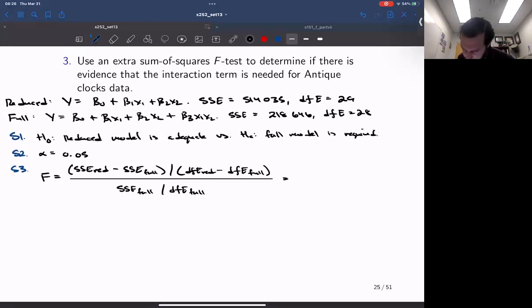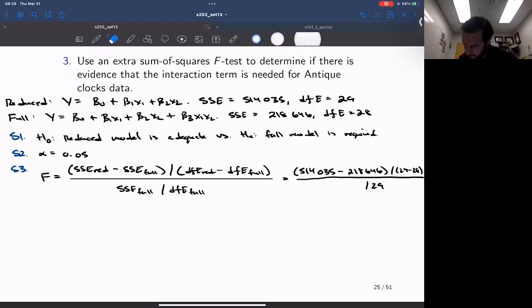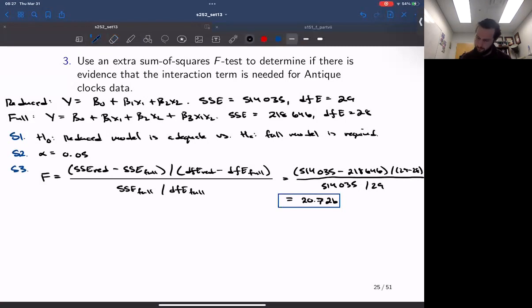So this is going to be 514035 minus 218646, divided by 29 minus 28, divided by 218646 over 28. And this gives us 20.726.